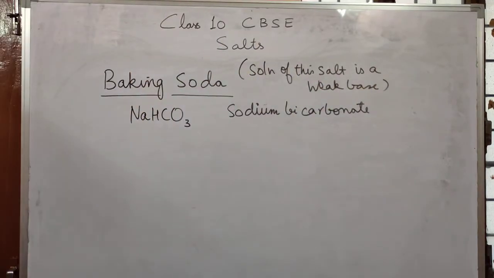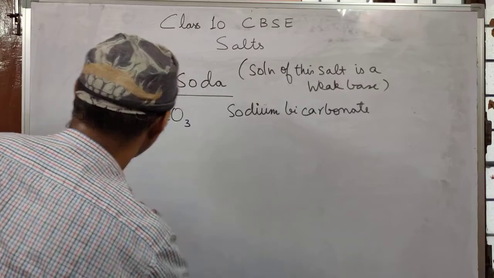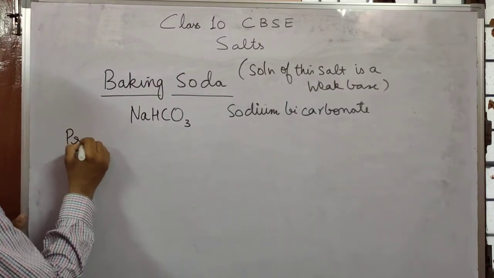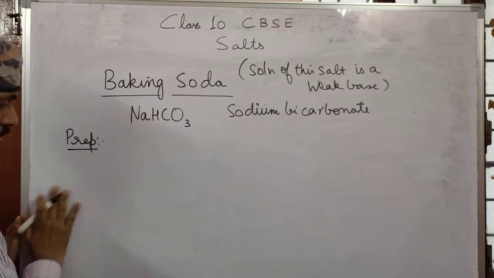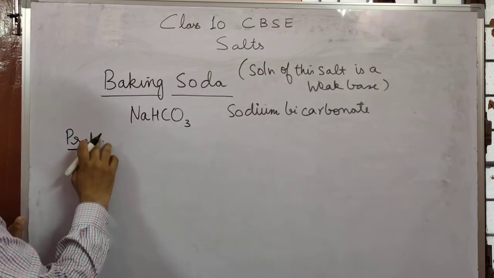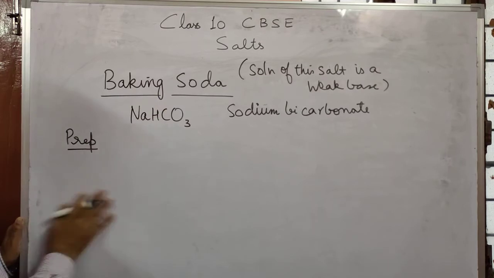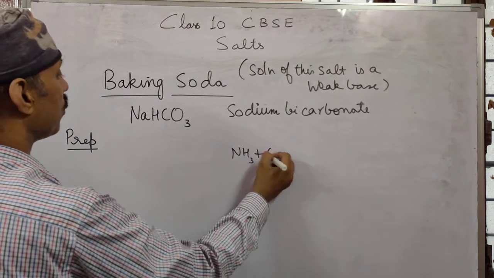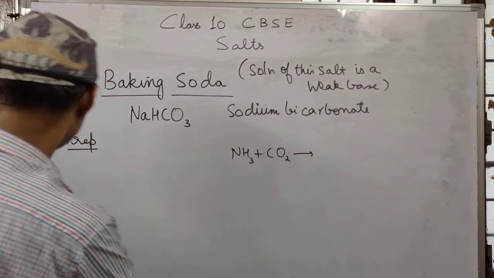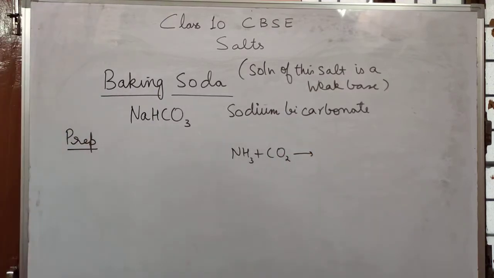So sodium bicarbonate, how this salt is prepared, very interesting. The preparation is like this. You take a lot of things through which you pass a lot of things. So what are those things? I think you take ammonia gas, then you take CO2. This is what you take? Yes, this is what you take, I suppose. And then what is added?